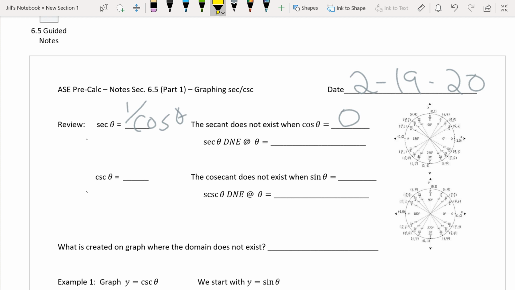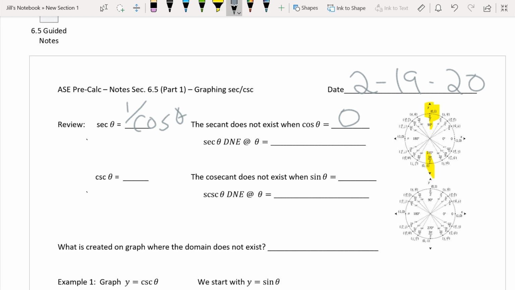If we look at the unit circle, the cosine is equal to 0 at pi over 2 and at 3 pi over 2, and anything coterminal with that.